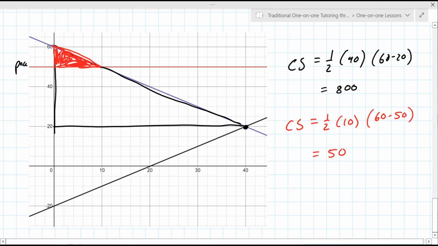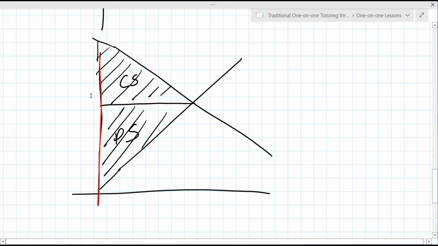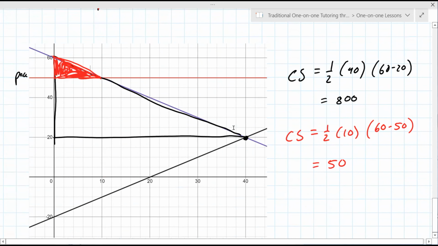Can you go back over that one more time? Yeah. The black triangle is the regular consumer surplus they're used to when you're at market price equilibrium. That's ideal. But what we're saying is you can't charge that price. You have to charge this price of 50.